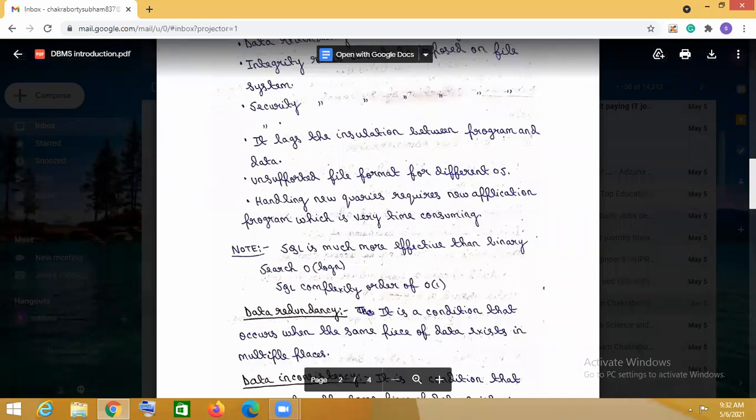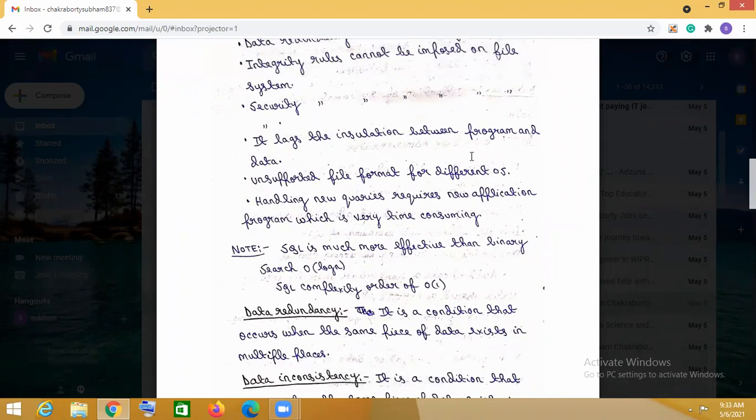It is much more effective than binary search, which you have seen in data structures, because binary search requires order of log n, but SQL complexity is order of 1.